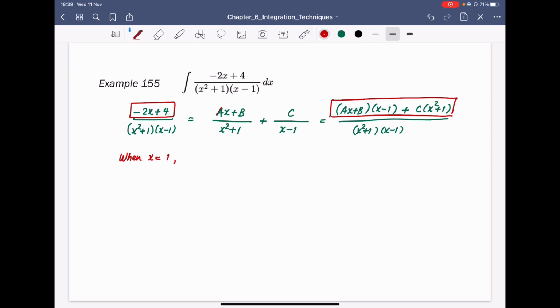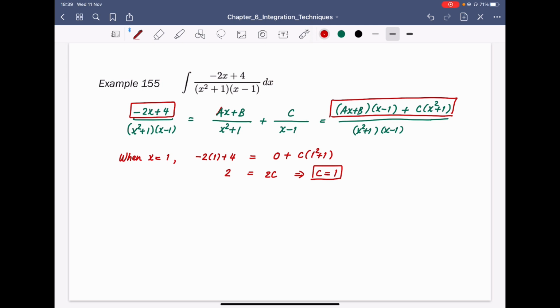So what happened? When x equals 1, you get negative 2 times 1 plus 4 equal to 0 plus c times 1 squared plus 1. Well, that means 2 equals 2c, and that means c equals 1. All right, pretty simple.